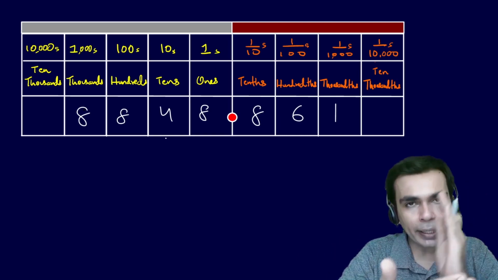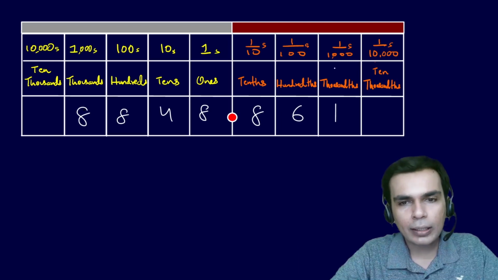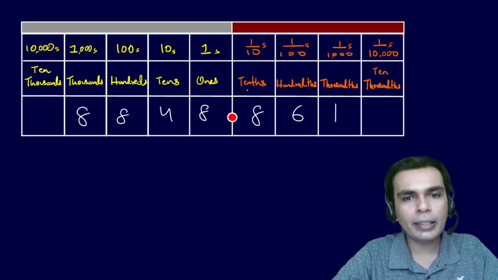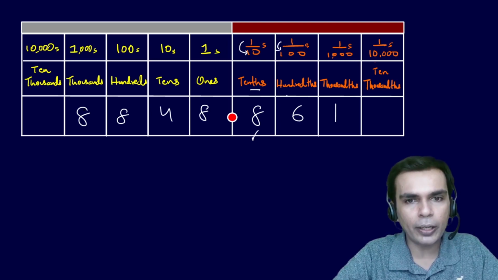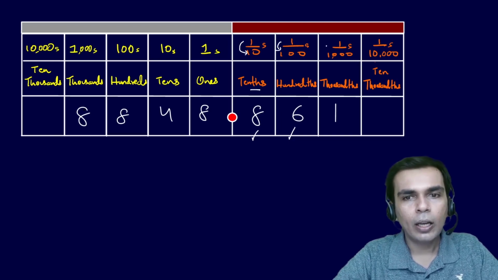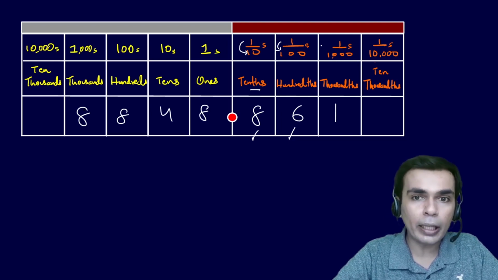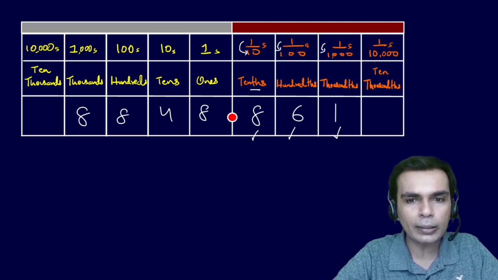Now that 1 meter, you break it into 10 parts. That's a tenth. You have eight of them, and then there's still some remaining. So you break it into 100 because you want to measure it. There are six such parts, and then there is still some remaining. It's so tiny that you break it into 1,000, and there's just one such part.